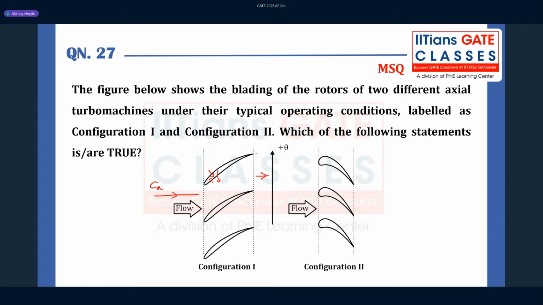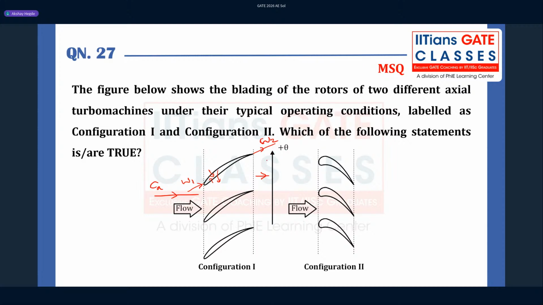And how the velocity from this end is going to be relative to the blade, that is my W, the relative speed at the exit, and the relative speed at the entrance, that is W1, right? So now you see both of these speeds relative to the blade are in the same direction.